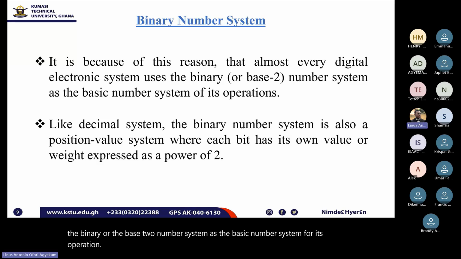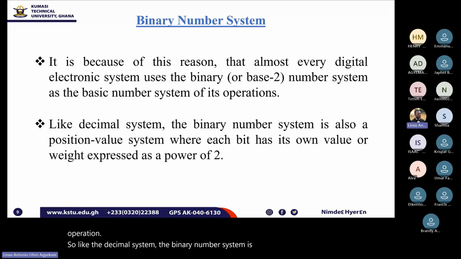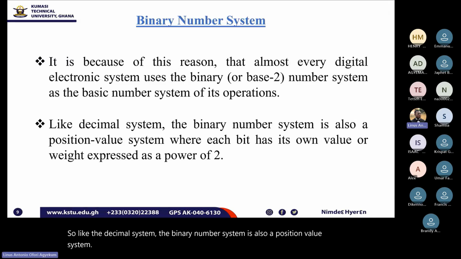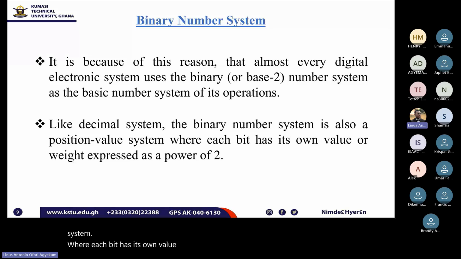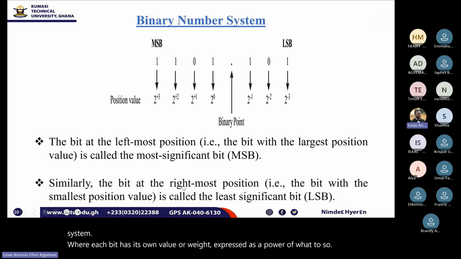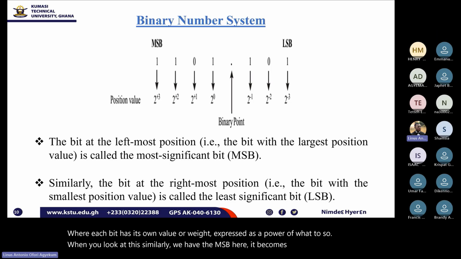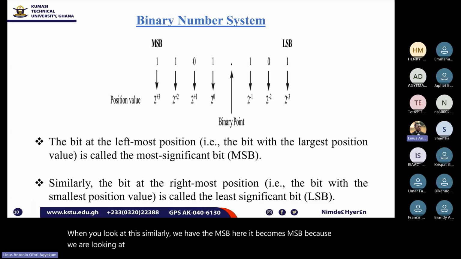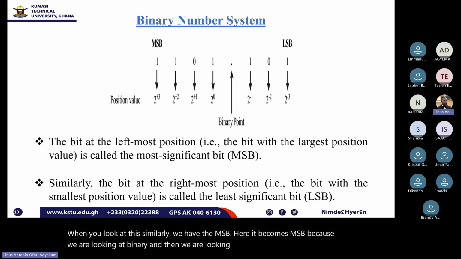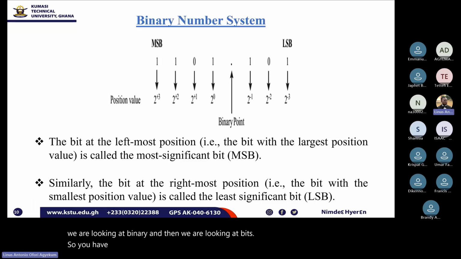Like the decimal system, the binary number system is also a position value system where each bit has its own value or weight expressed as a power of 2. Similarly, we have the MSB and the LSB. Here it becomes MSB because we are looking at binary and bits.